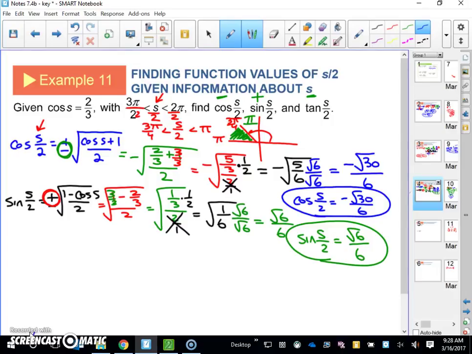And so now let's do tangent s over 2. There are a couple of different things. The longer you go in these problems, the more options you have.